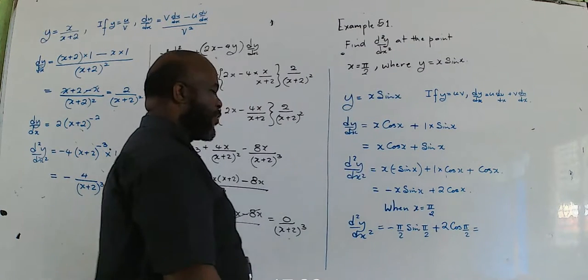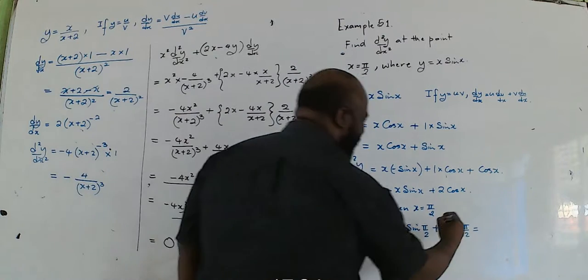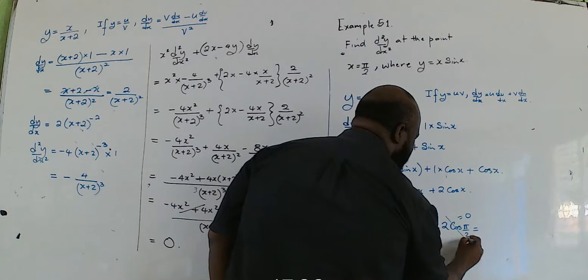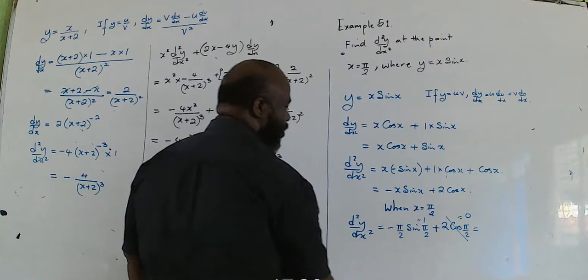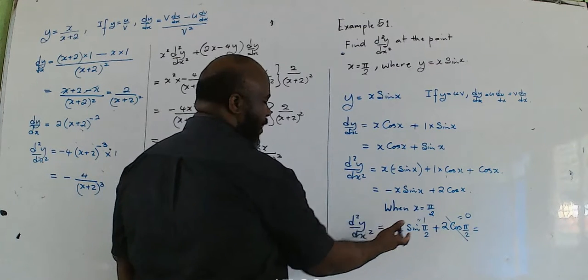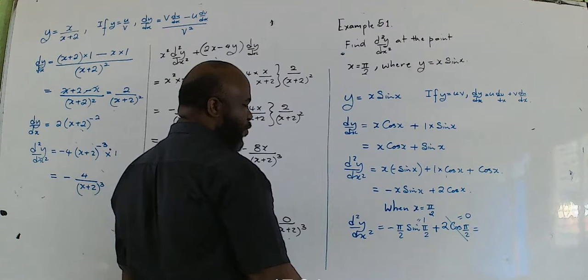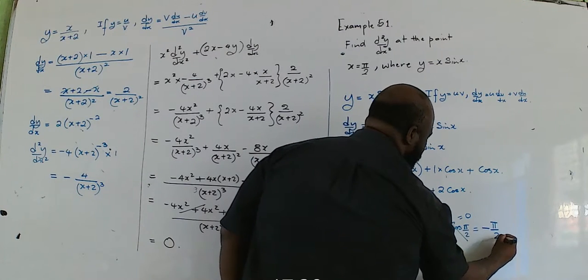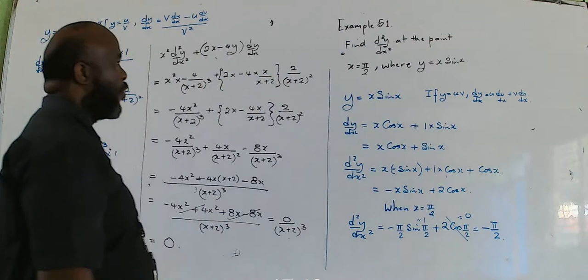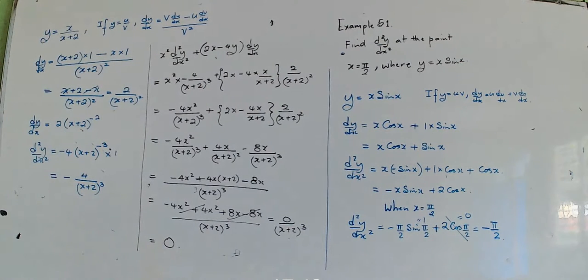The cosine of 90 is 0, so this goes. The sine of 90 is 1, so this is simply 1 times minus pi by 2. The answer is minus pi by 2. So when x is equal to pi by 2, d2y by dx squared is equal to minus pi by 2.